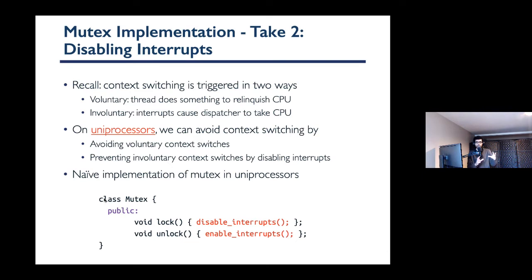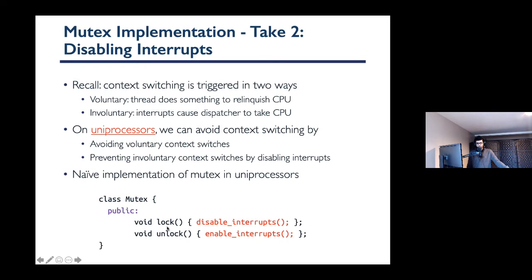I'm going to give it some form. I'm going to use some C++ stuff, but it's just pseudocode. So let's say this is class Mutex that I want to implement. It's going to have two public members, lock and unlock.